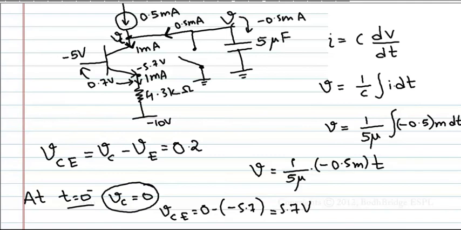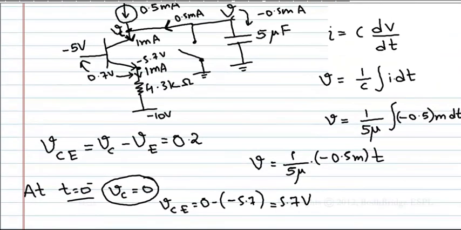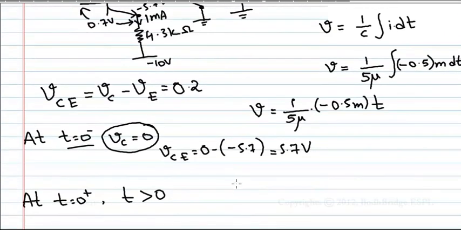Now at t equal to 0 plus, t greater than 0, means not only at t equal to 0 plus but after t greater than 0, VCE slowly decreases. Means at some point VCE equal to VC minus VE is equal to 0.2.